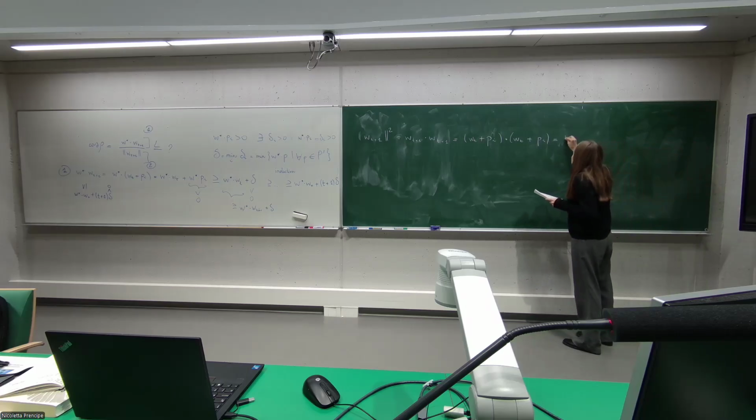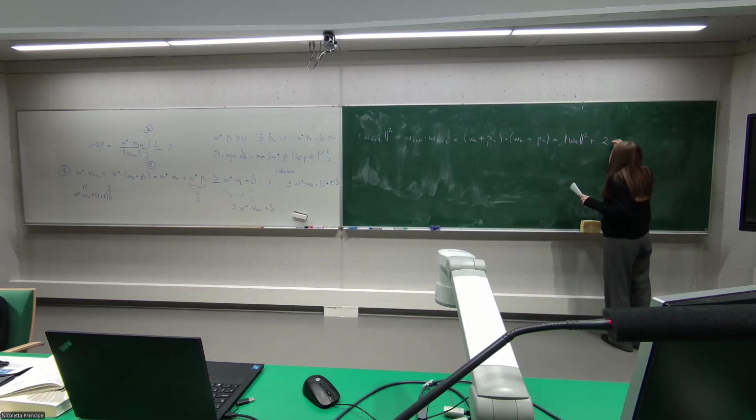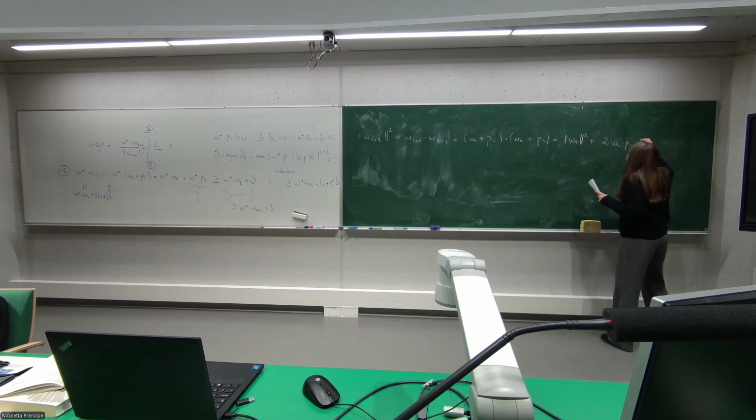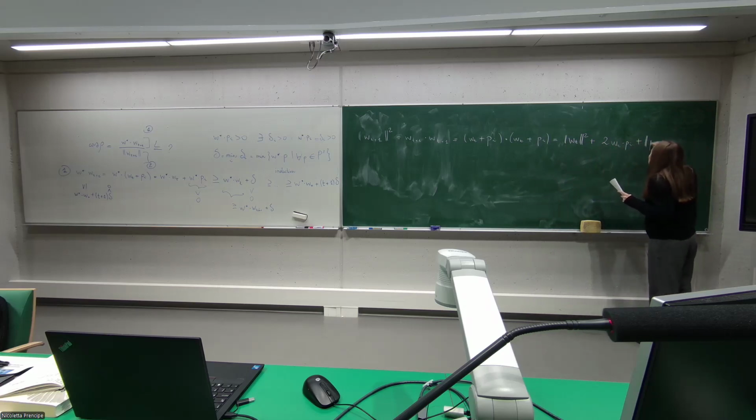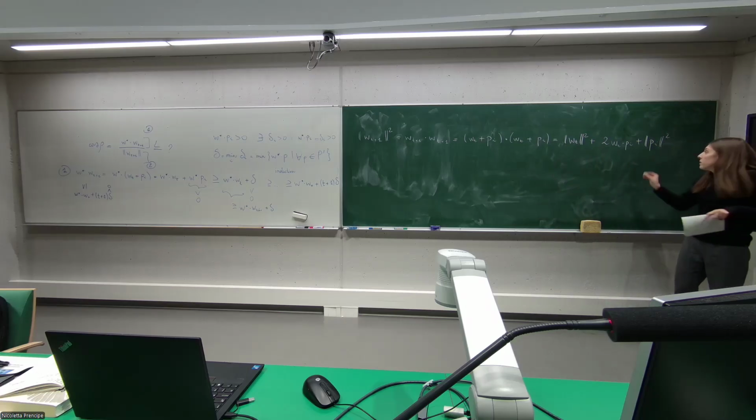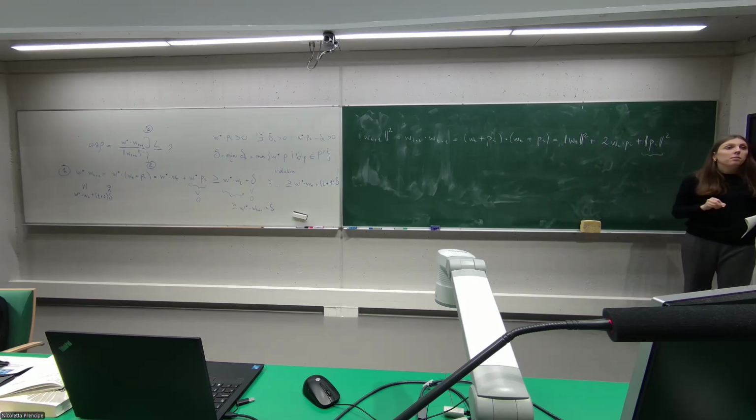So what I obtain is that the squared norm of WT plus 2 times WT scalar product PI plus the squared norm of PI. Can someone tell me something about this as before?